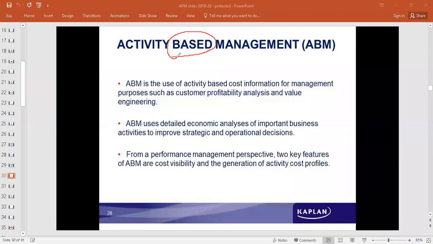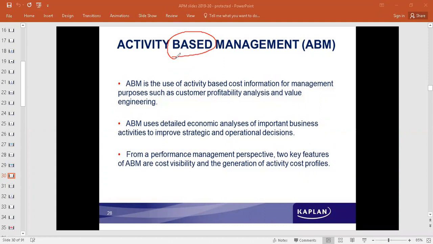If it is based on activities, we know what an activity-based concept is. Activity-based costing talks about allocating the appropriate amount of overhead cost to the product so that the right cost can be determined. If the right cost is determined, it is useful, it is adding value to the customers, because of the right cost and right selling price. Value is added to the end user, who is the customer in this situation.